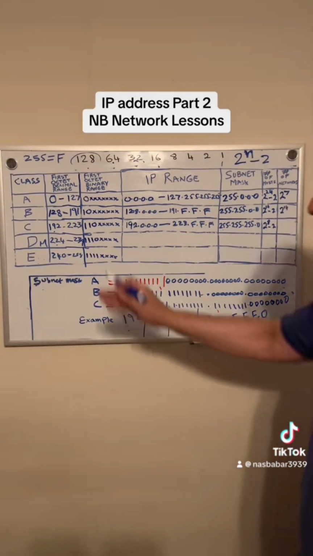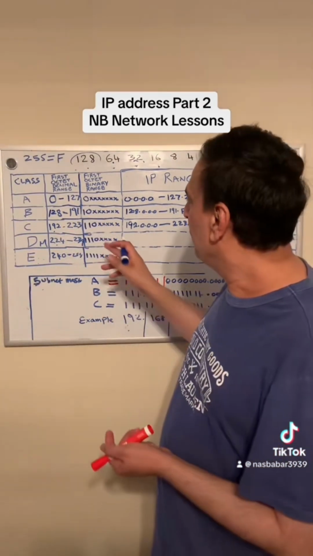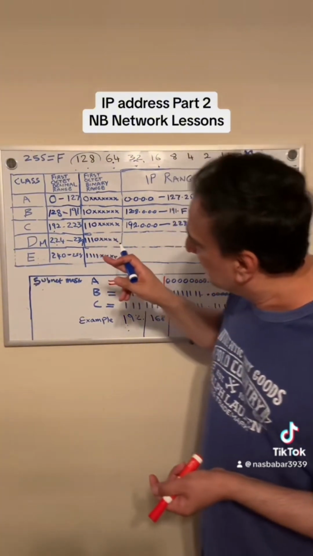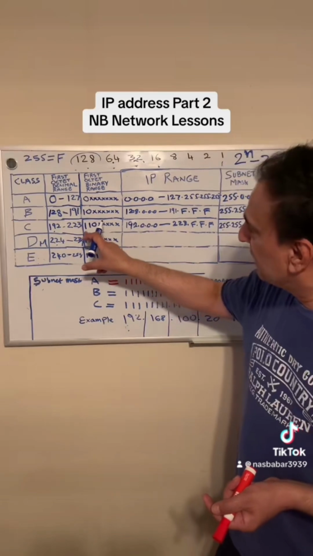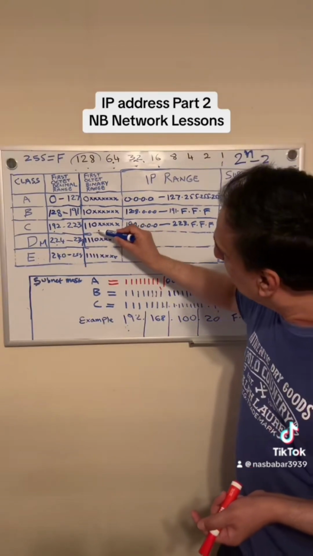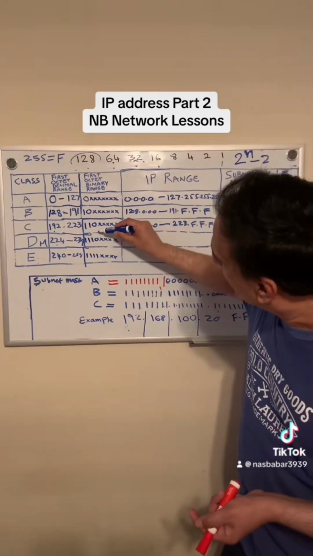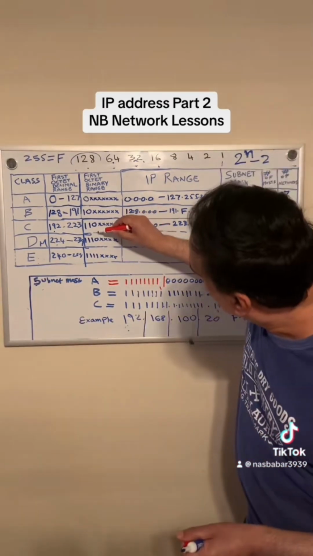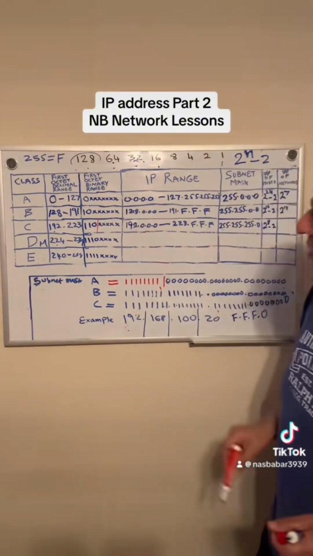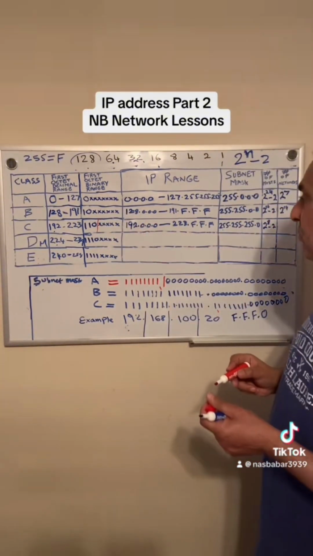Okay? Class C. In class C, what we see is that we have 192/23. If you look in here, the first 3 bits right here, let me use the red marker so you can see, are always going to be the same. So what does that mean?